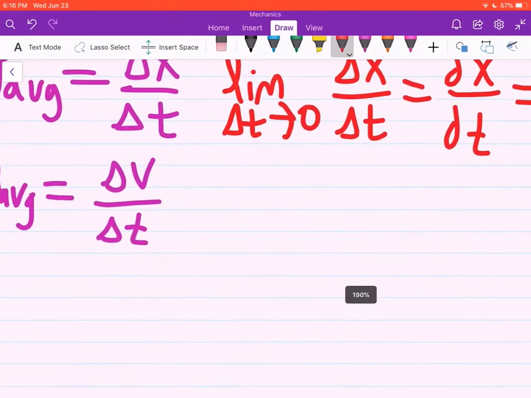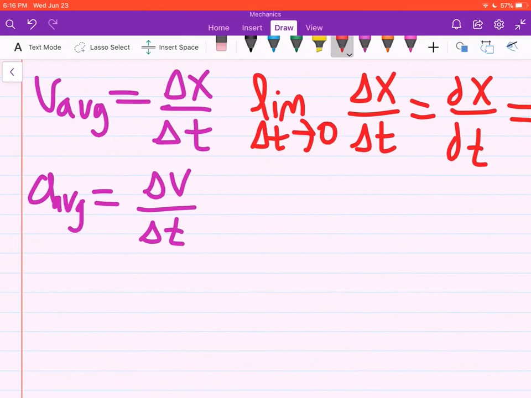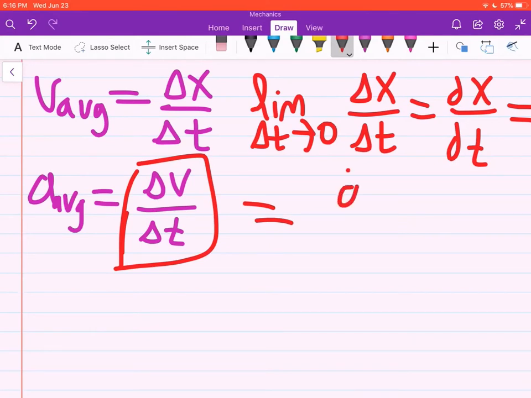And if we do the same thing for acceleration, if we take that limit for this term, then we get that acceleration, the instantaneous acceleration, is dv/dt.